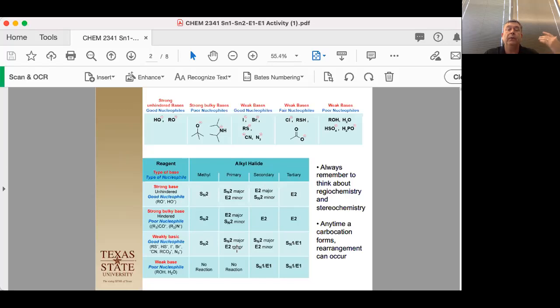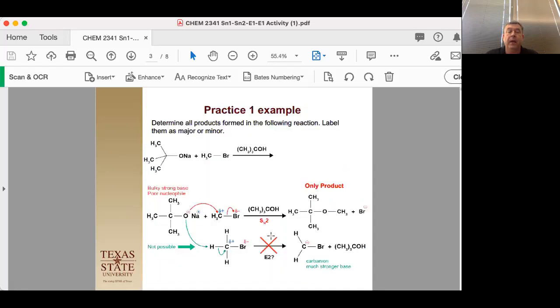Primaries will give you substitution products, unless there is a good bulky base, then it's going to give you elimination products. Tertiaries with weak stuff will always give you a competition between SN1 and E1, because you have to wait around for the carbocation to form.